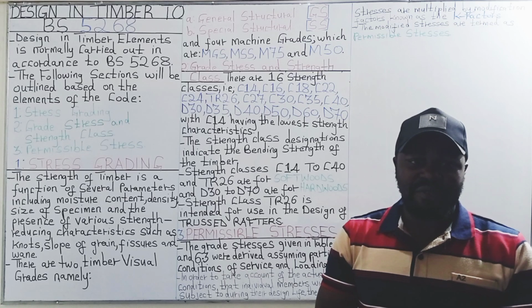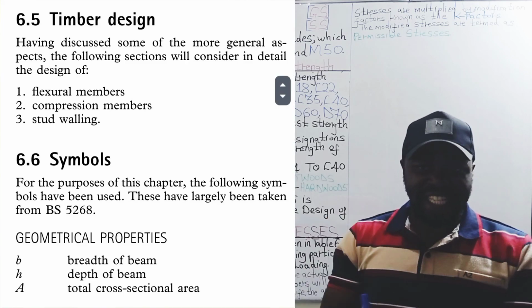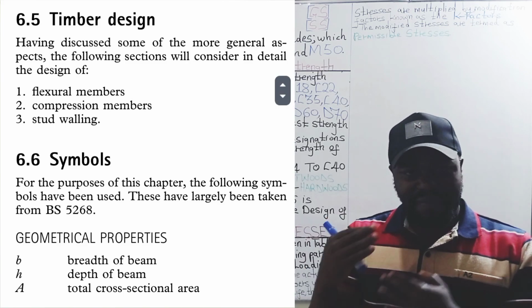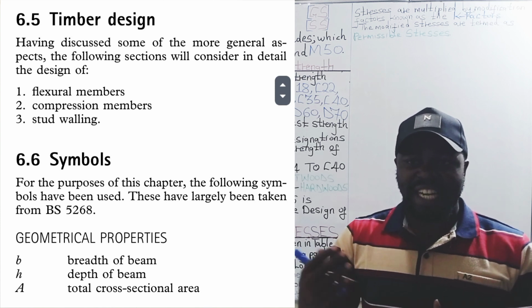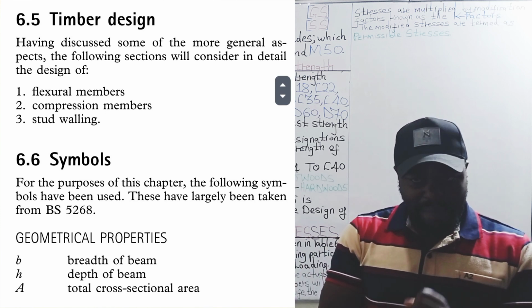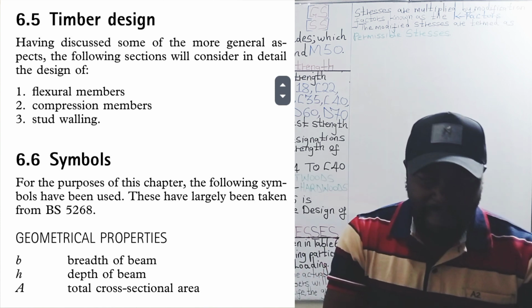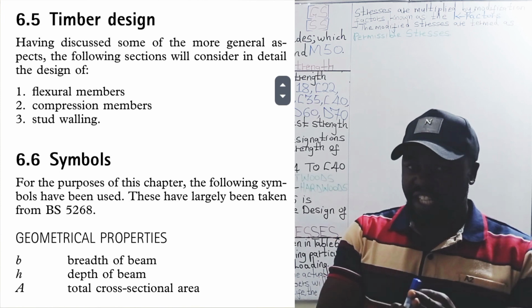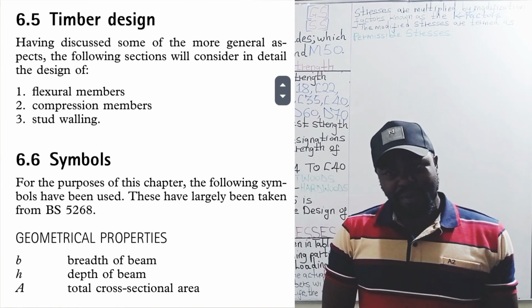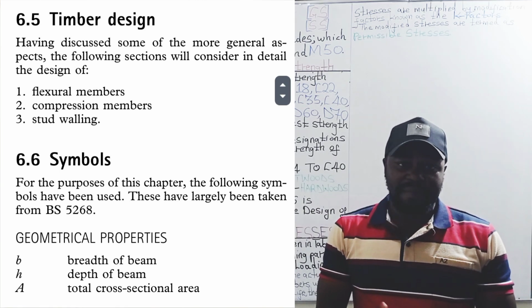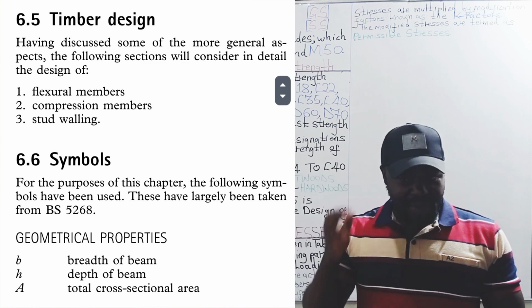Then from there, we are going to look at now the timber design. And in timber design, the following sections will be considered: the design of flexural members, compression members, and stud walling. When we have the symbols, for the purposes of timber design, the following symbols will be used.